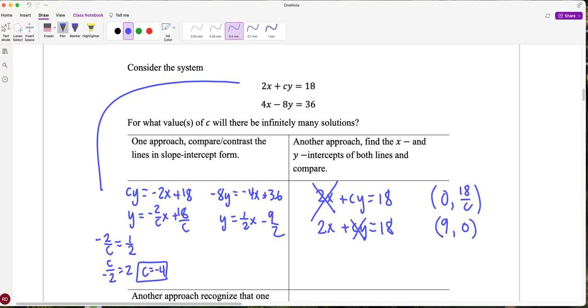If I look at the other equation, 4x minus 8y equals 36, if x is 0, then y has to be negative 36 over 8, negative 18 over 4, negative 9/2.